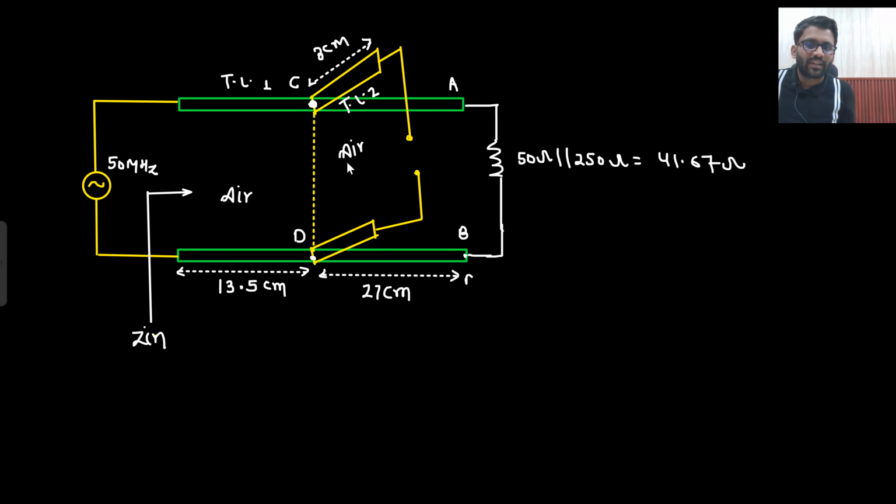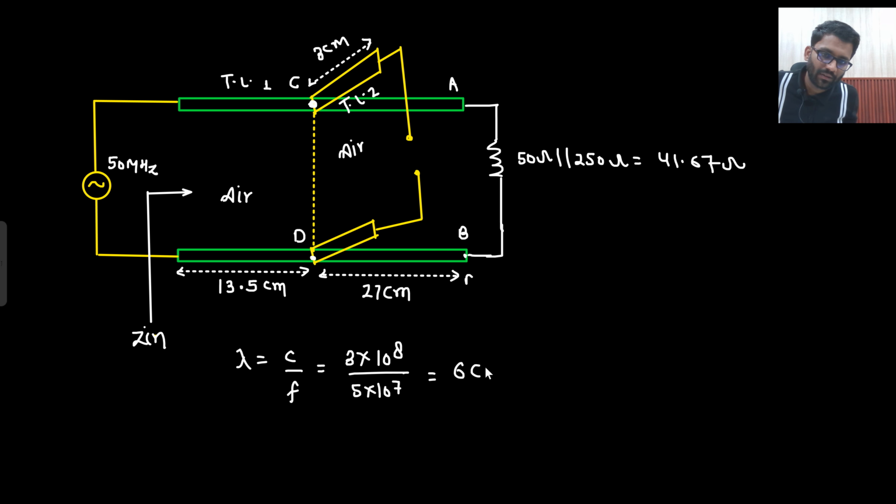Now for both of the transmission lines there is air in between. So what will be the lambda? Lambda will be C by F. So 3 into 10 to the power 8 divided by F. What is your F? 5 into 10 to the power 7. So 30 by 5, 6 centimeter. So this length is lambda by 2, right?